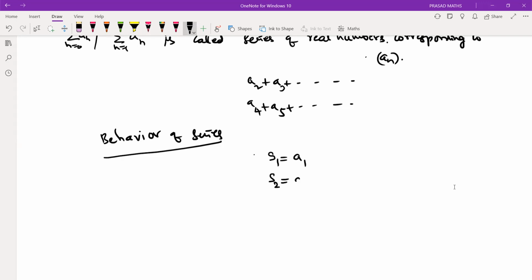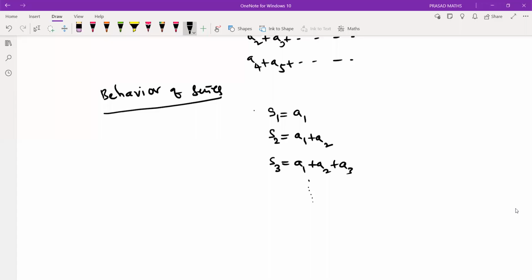S2 is nothing but the sum of the first two terms of the sequence. S3 is nothing but the sum of the first three terms of the sequence. Similarly, one can define the sum of n terms of the sequence.